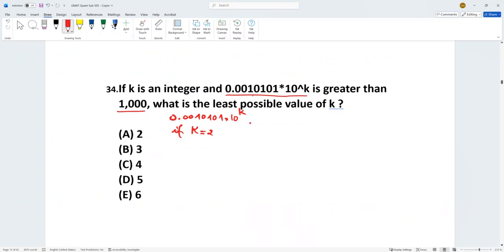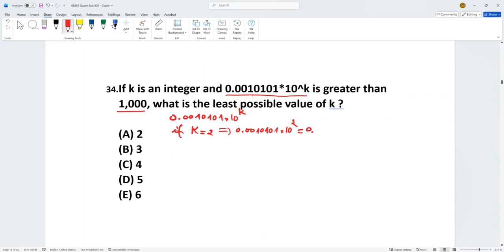If k is equal to 2, we have 0.001001 times 10 to the power 2, which moves the decimal point 2 positions to the right, 1 and 2.